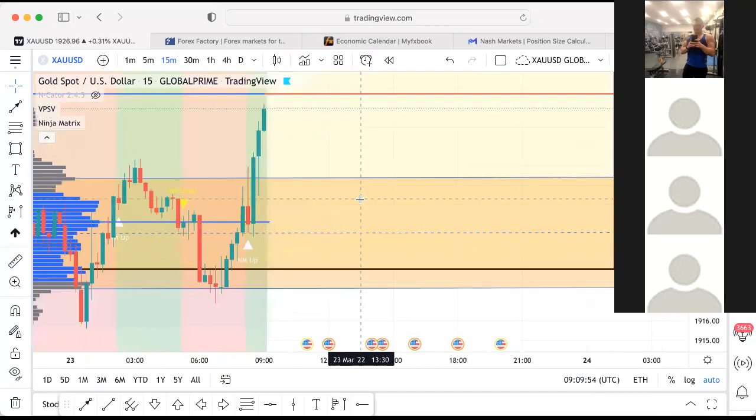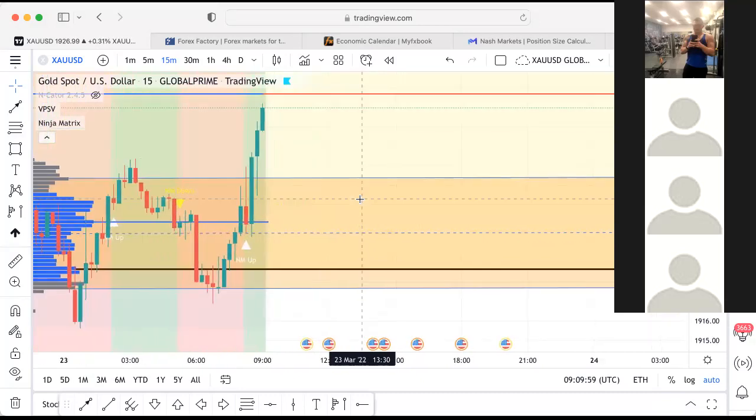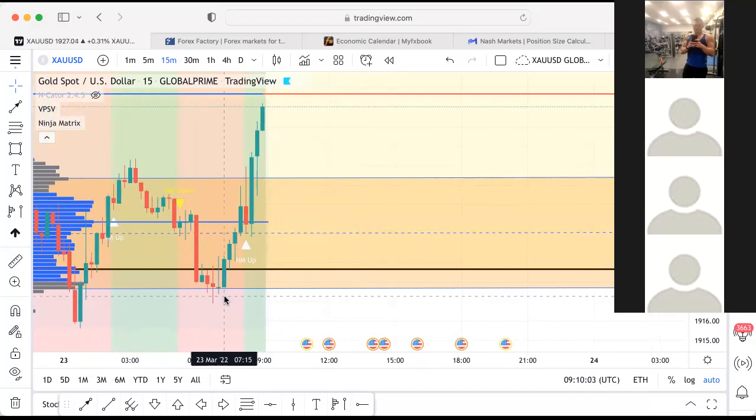So we had a Ninjacator up at that point when we were on Heikin Ashi candles. We've got a Ninja Matrix up.